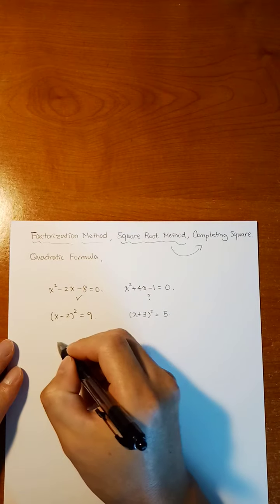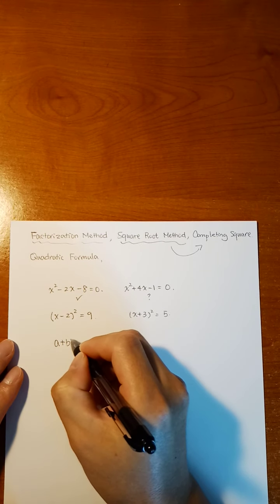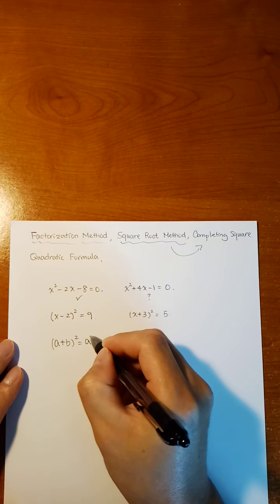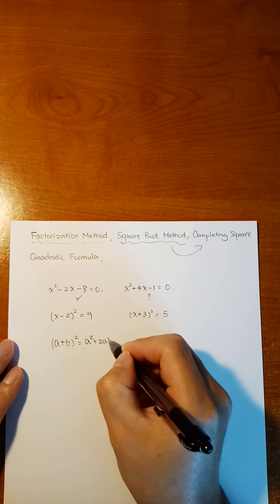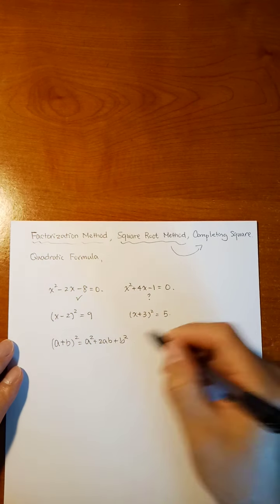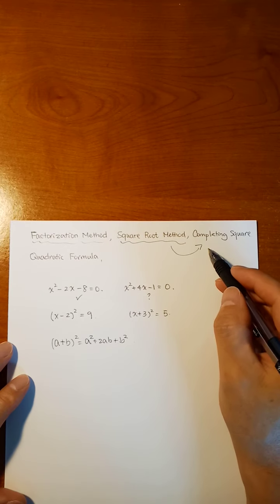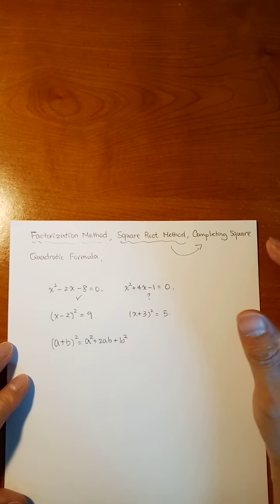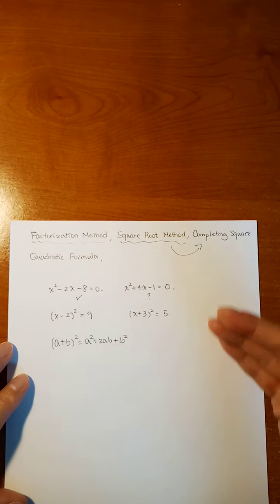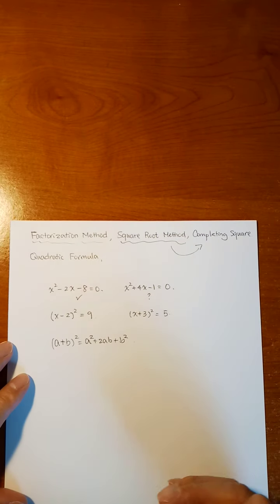In completing the square, we have those formulas, and we examine them carefully, and we get completing the square. After we get completing the square, we see that it's a very strict procedure. You have step by step, you can find the answer.